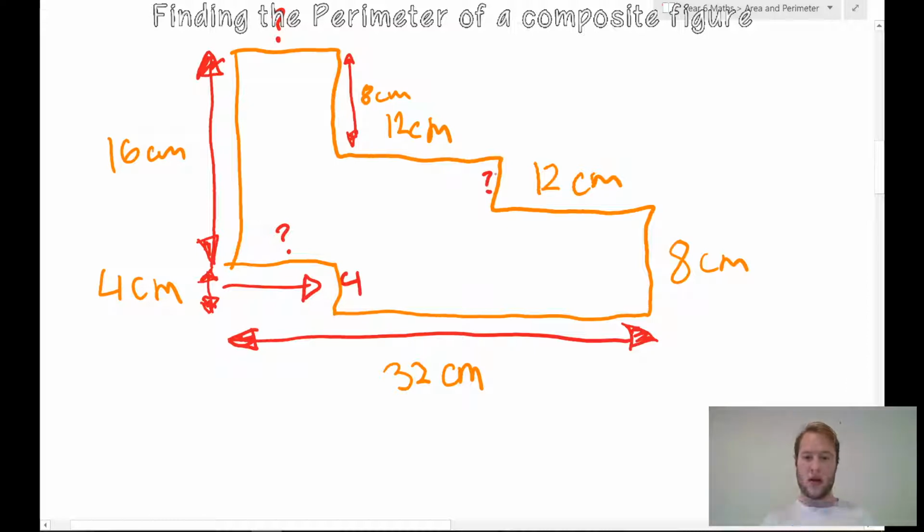We don't know what this line from, I might just add in an arrow to make it clear. I don't know what here to here is, okay? I know what the whole measurement is, it's 32, but just that line I don't know. So let's pick what one would be easiest to work out so far.